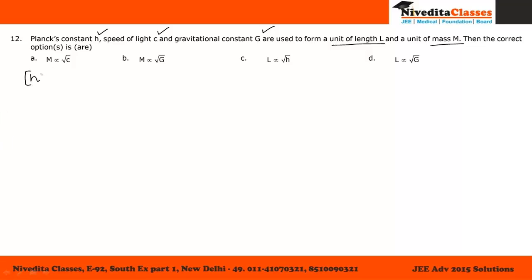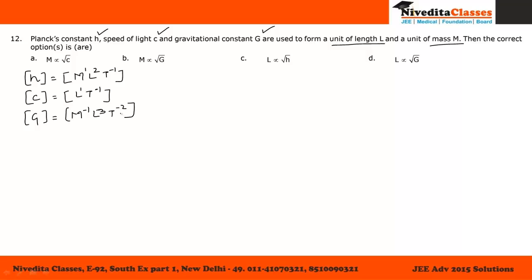As we know, the dimensional formula for Planck's constant is M1 L2 T minus 1, and c is actually a velocity, so it is L1 T minus 1, and then the gravitational constant is M minus 1 L3 T minus 2.